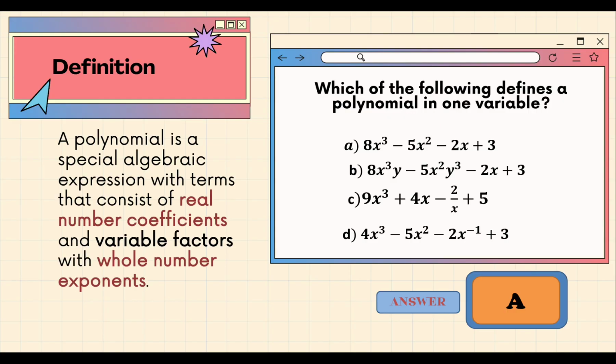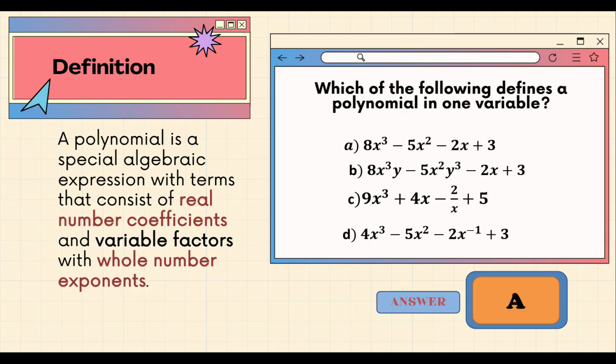A polynomial is a special algebraic expression with terms that consist of real number coefficients, I repeat, real number coefficients, and variable factors with whole number exponents. But you have to remember that the question is involving polynomial in one variable.